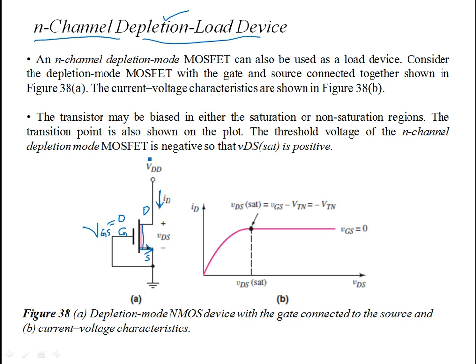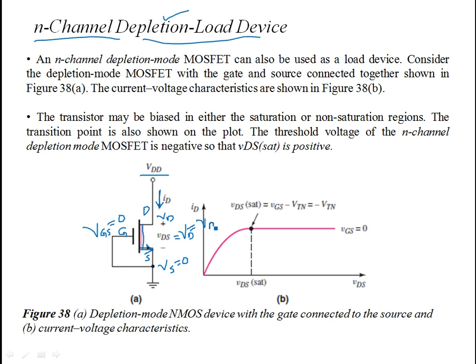The only thing that matters, that dictates how much current is flowing or is responsible to turn off the transistor, is VDD, this supply. Because VDS is primarily VD, since VS is 0, and VD is equal to VDD.